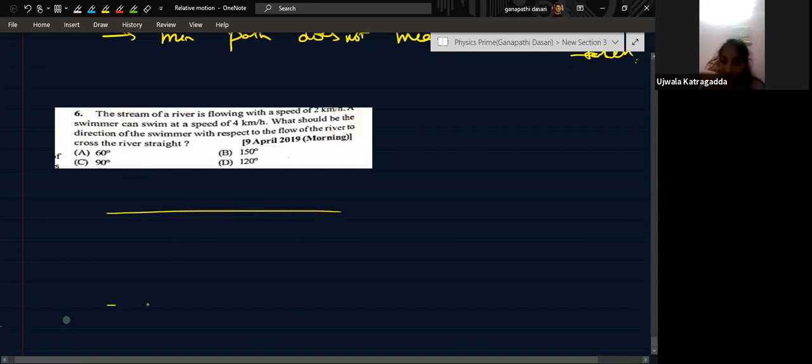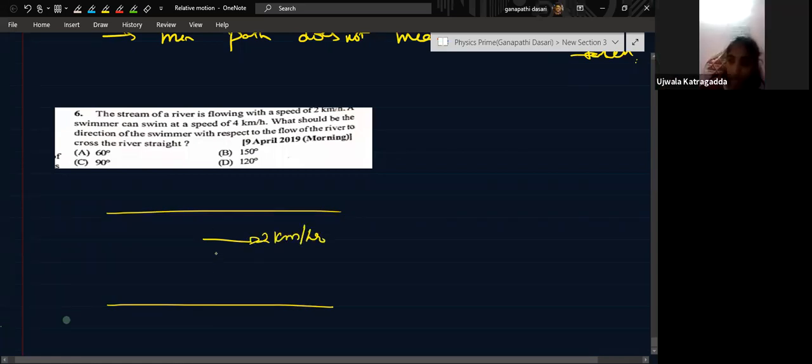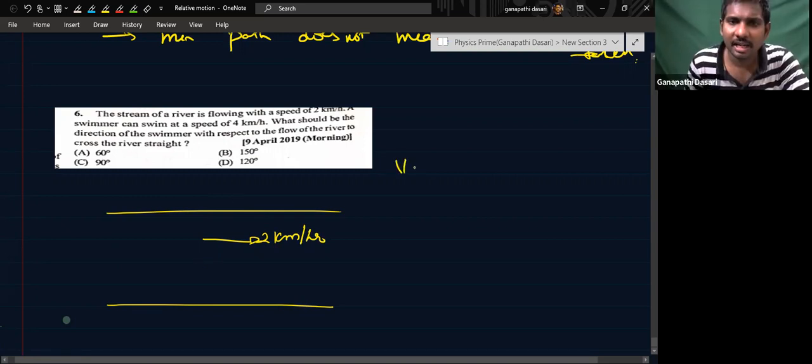Let me take the river flowing with the speed of 2 km/h. River velocity, that is U, is equal to 2 km/h. V_MR, the speed with which he can swim in the river, is equal to 4 km/h. You got it?